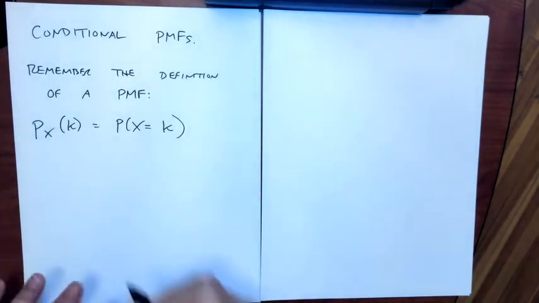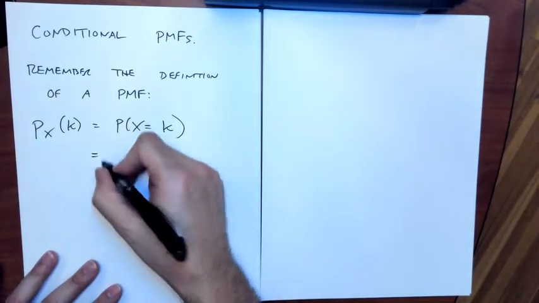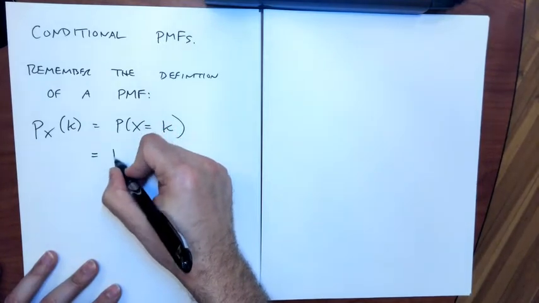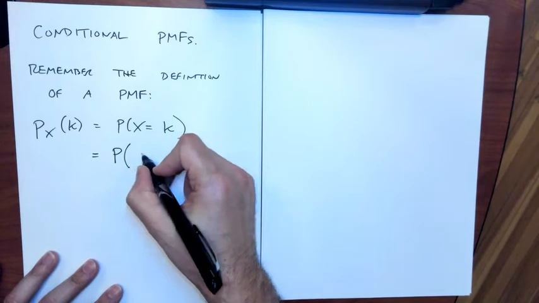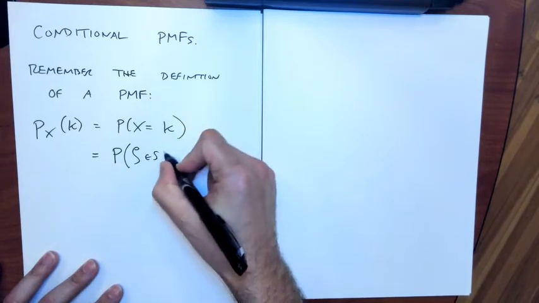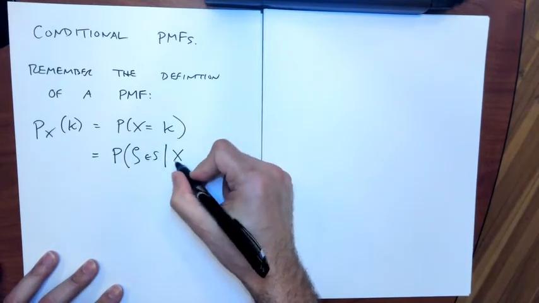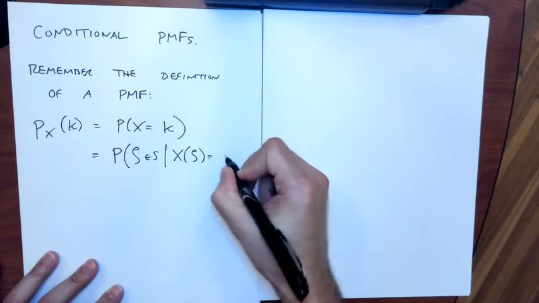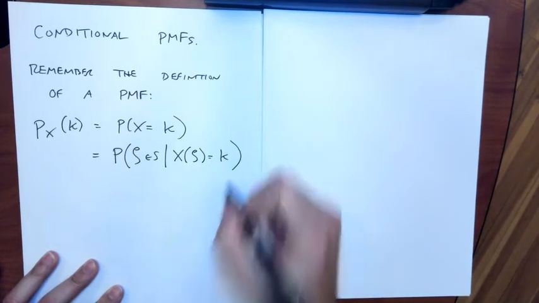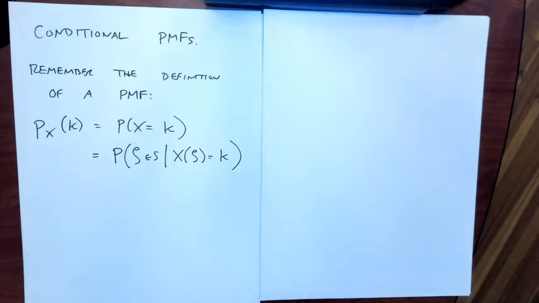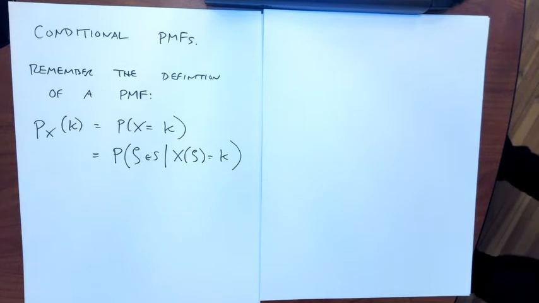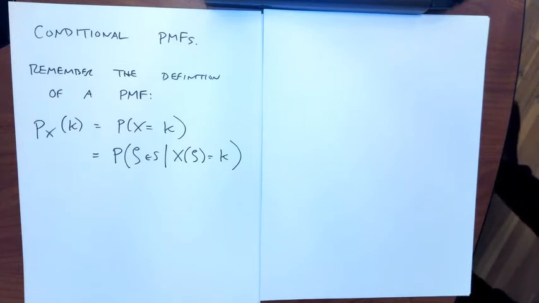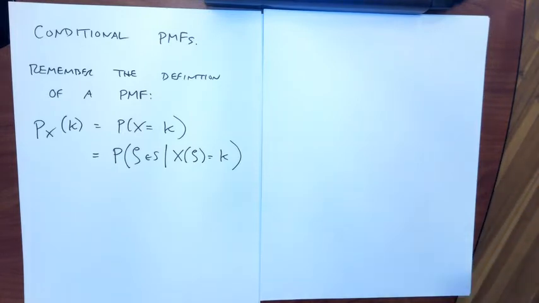Or if I wanted to be really over the top, I could go back to my original experiment and say, of the outcomes in my sample space, which ones had the random variable mapping that outcome to this numerical value? So if we wanted to be really explicit, the experiment is flipping a coin and recording the heads and tails pattern, and the random variable is counting the number of heads in that pattern to give me a number, okay?